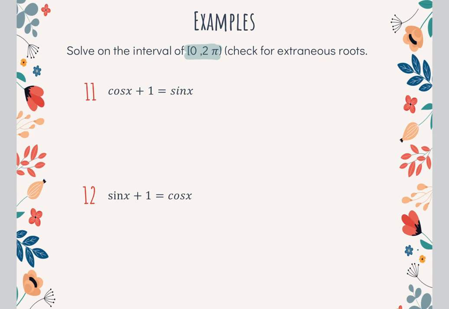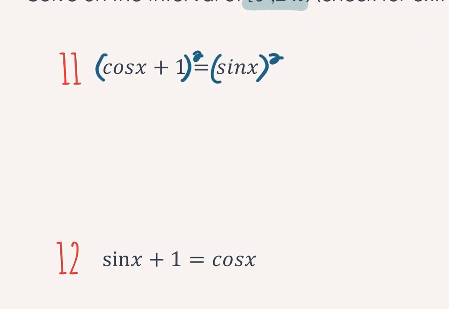So I can't use my Pythagorean identities. Does that make sense? So we square them so that they can be used in their Pythagorean identities. So I'm going to square both sides of this equation. On the left, that means cosine x plus 1 times cosine squared plus 1. Do not distribute the exponent. And then it equals sine squared x.